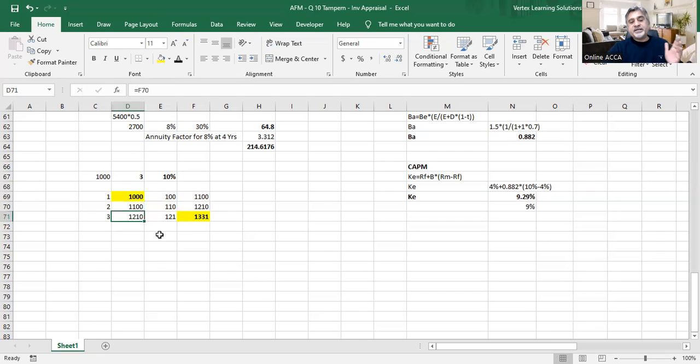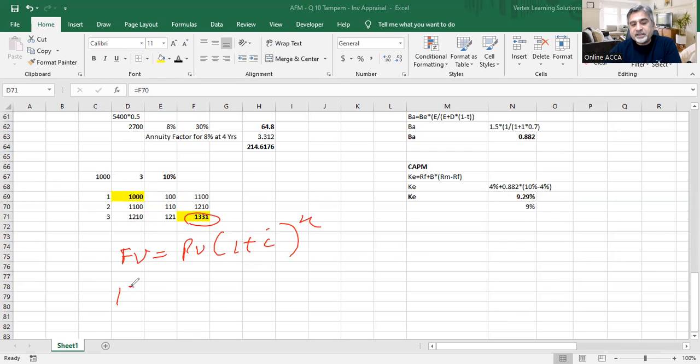And whatever you made in year two is added, and the next morning it started earning again 10%, because of the formula, the present value and future value formula: future value is equal to present value into 1 plus i to the power n. Remember that relationship. So this future value 1,331 is equal to present value 1,000 into 1 plus 10%, to the power 3. That's how they become equal.